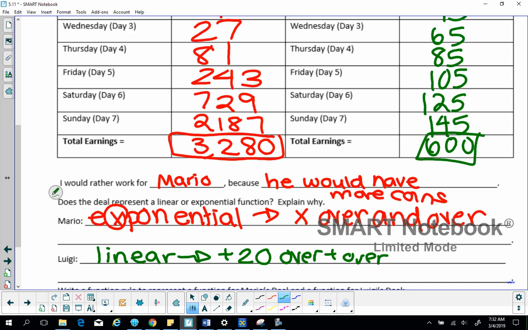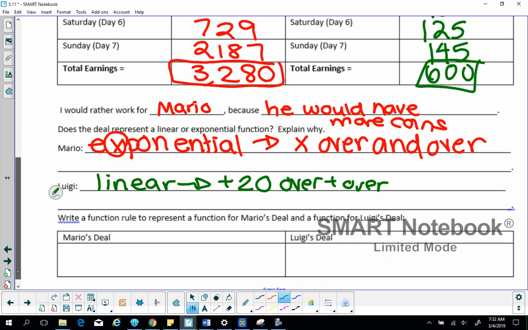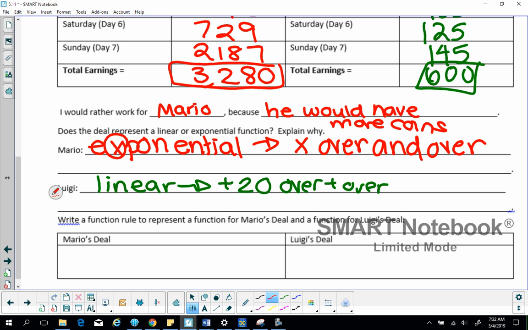Exponential is multiplying over and over again. And so Mario's deal, I'm going to show you what it would look like. It will look like this, y equals 3 to the x. And we'll learn how to write them eventually, but that's what his deal is going to look like. There's going to be an x in the exponent. I just remember exponential, x in the exponent.